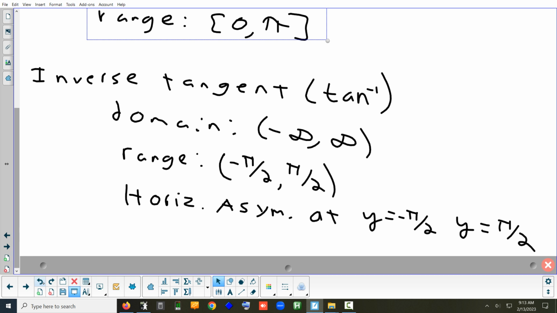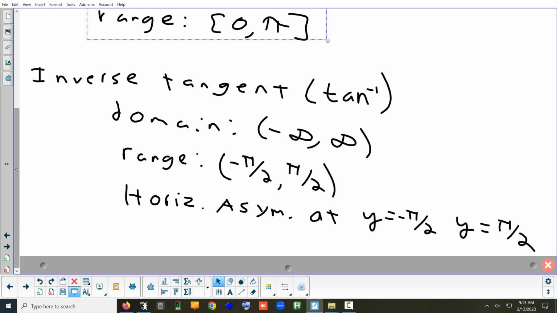Do you have to set the window like that in order to find it, or can you just look up the graph? You need to set it somewhat accurately, or you might not see it. Especially with inverse sine and cosine, they start and they stop at certain points. If you don't set your window to the right thing, you may look at the completely wrong spot and see a blank screen.